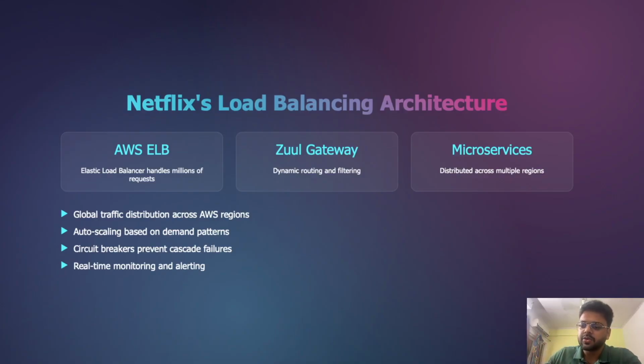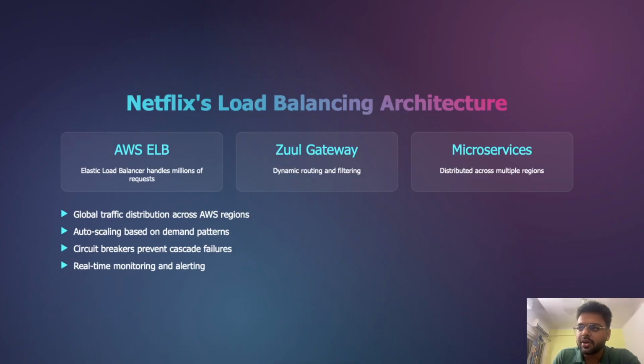Initially, let's suppose the request would go to a load balancer that is sitting in Singapore, because we have 190 countries and the load balancer could be anywhere. Then that load balancer, like the Zuul Gateway, decides where this request would route to. If it's an India request, it would route it to the server nearest to me, in my region, and this is how global traffic distribution actually works.